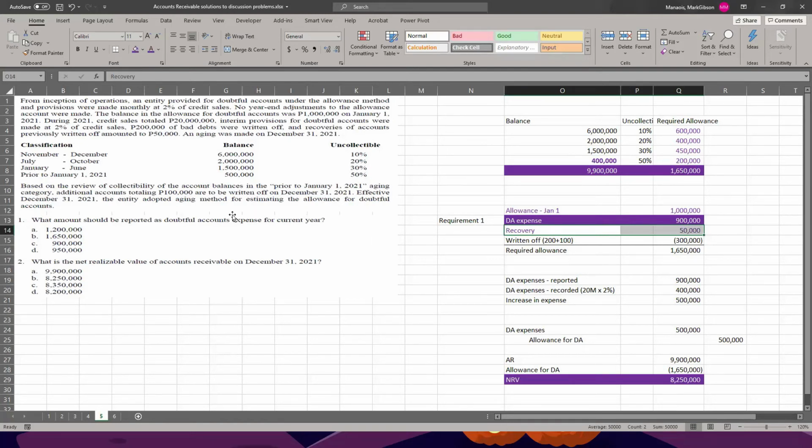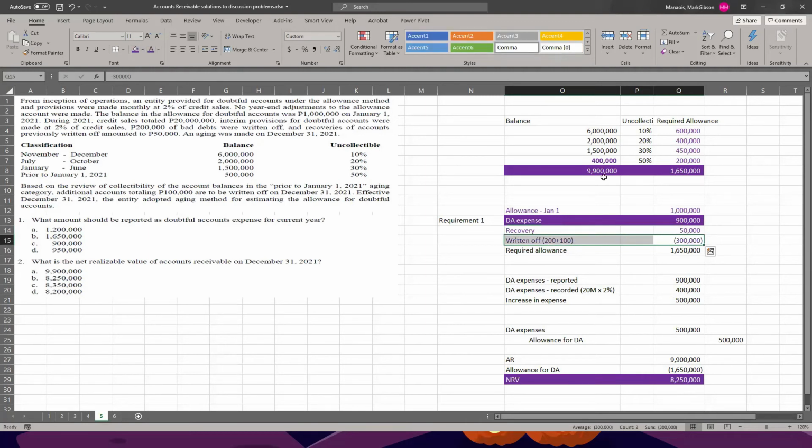But remember, in the last paragraph, it says that in the account balances in the prior to January 1, 2021 bucket, additional accounts amounting to 100,000 are to be written off. So that's 200,000 plus 100,000, or 300,000 pesos.